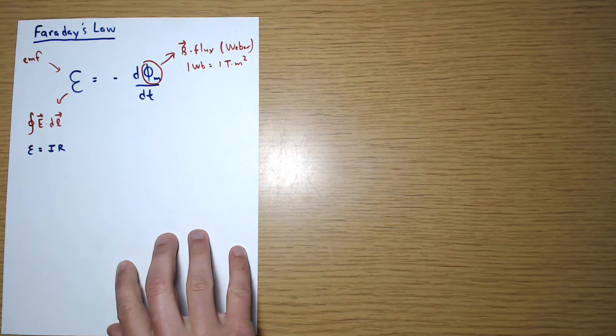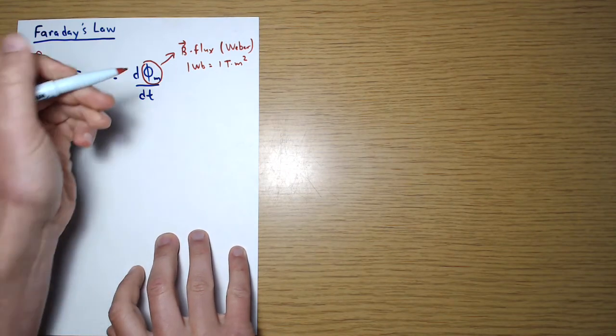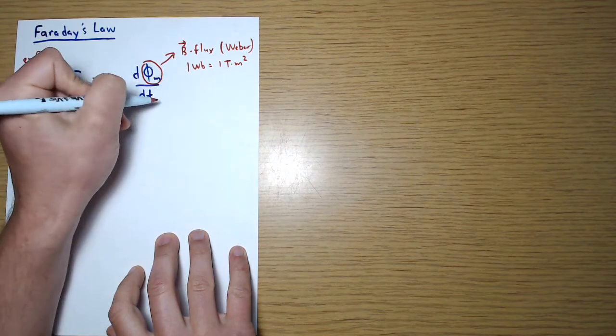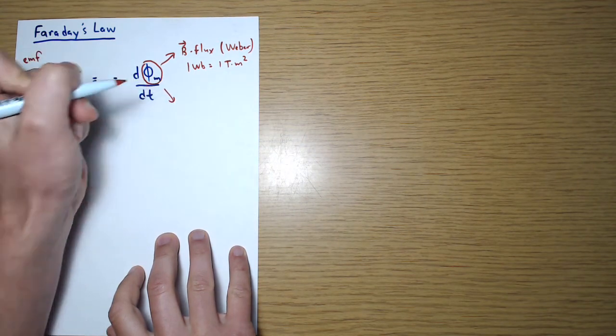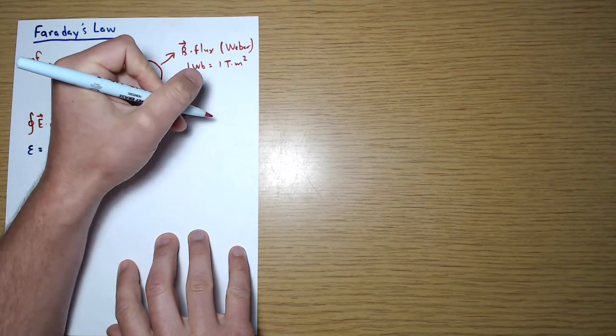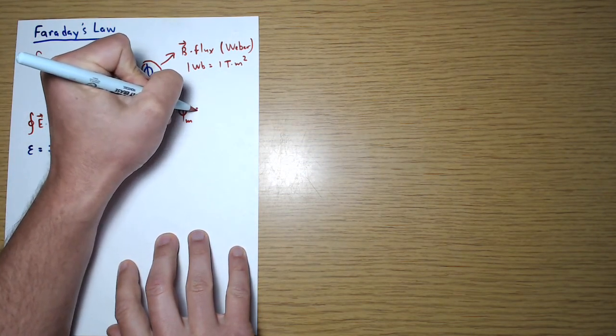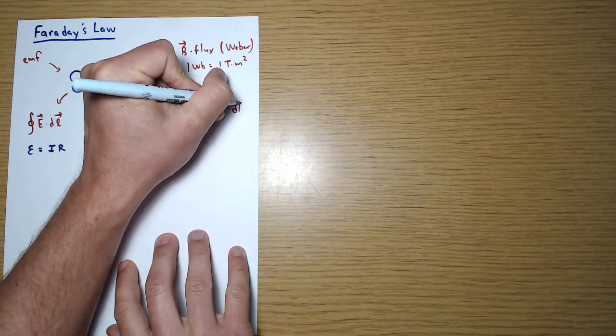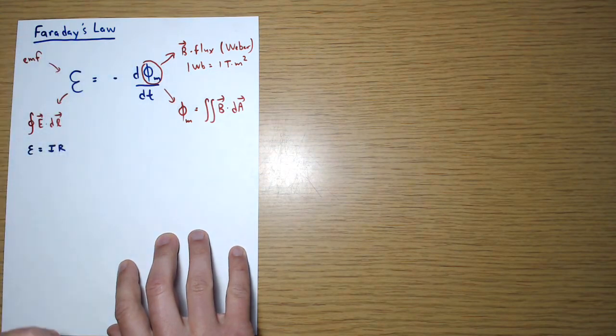So to remind you what magnetic flux is, magnetic flux mathematically is simply the degree to which the magnetic field lines penetrate through a surface. So it's the surface integral of B dot dA.